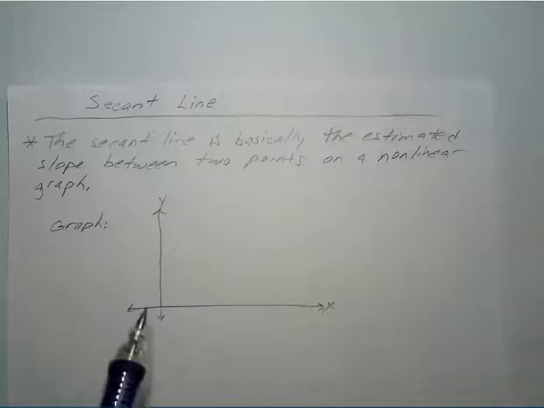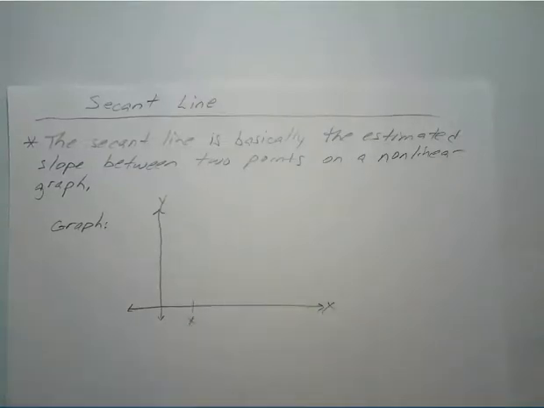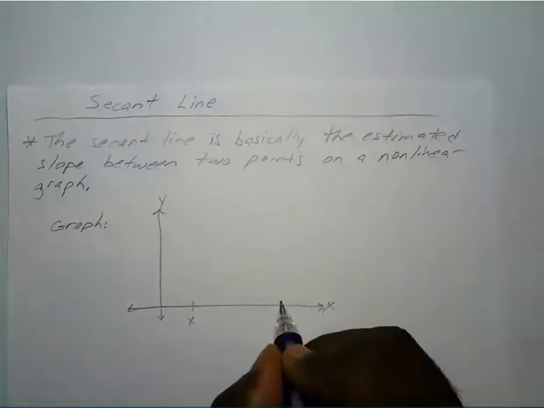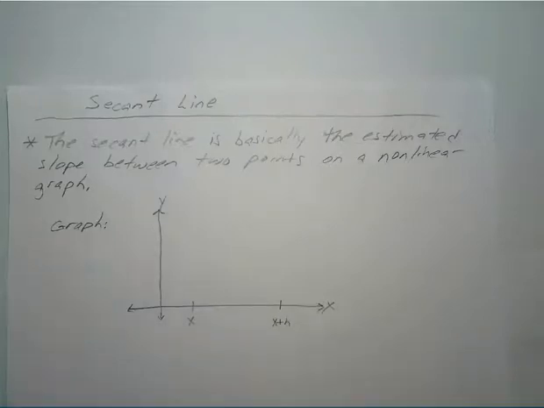What we're going to do is get two X values. We'll have this as just our X value, and further down we'll have X plus H. Let's say that X is equal to 3 and X plus H is equal to 5. X would be 3 and this would be 3 plus 2. So it's X and X plus H, so you're always going to the right.